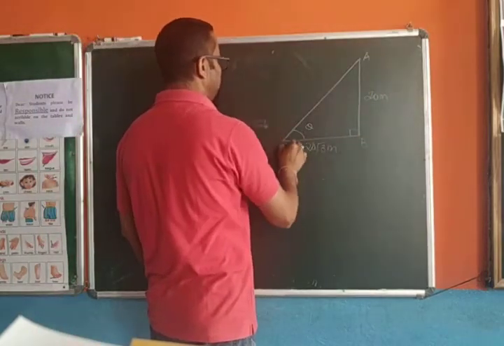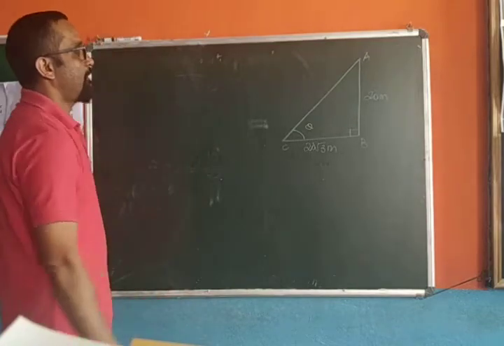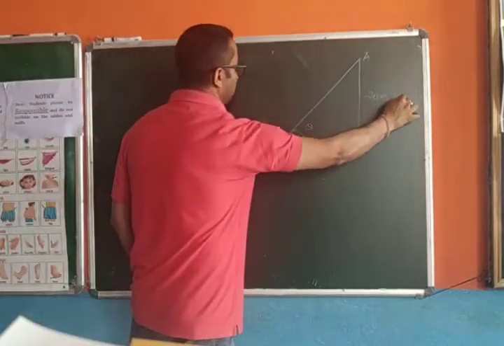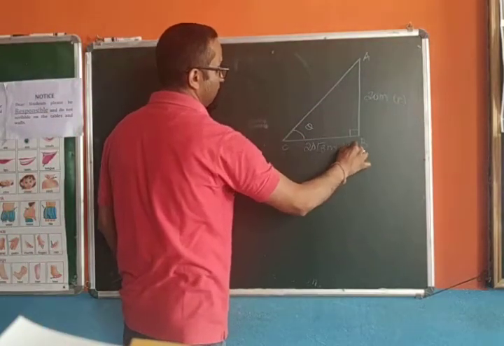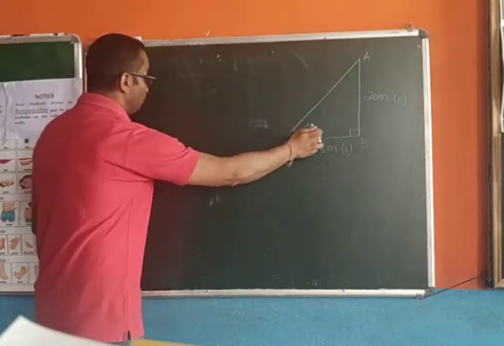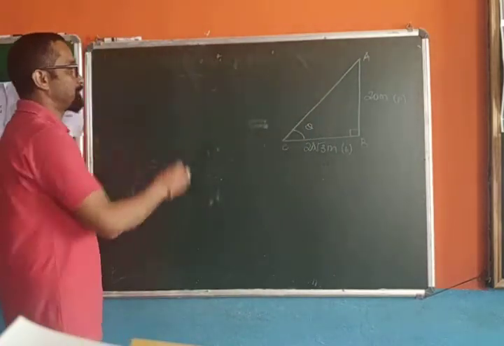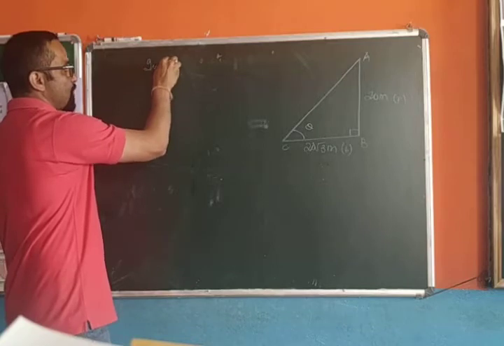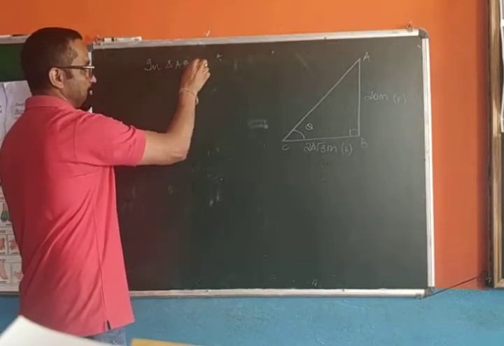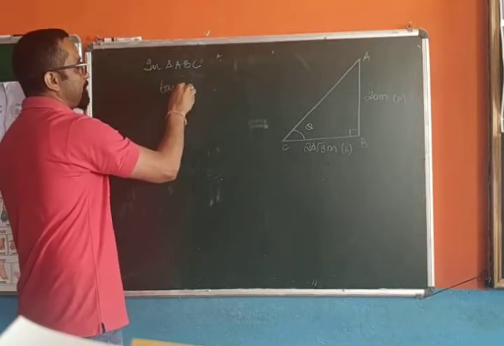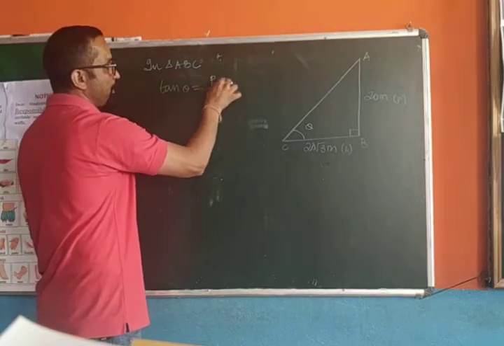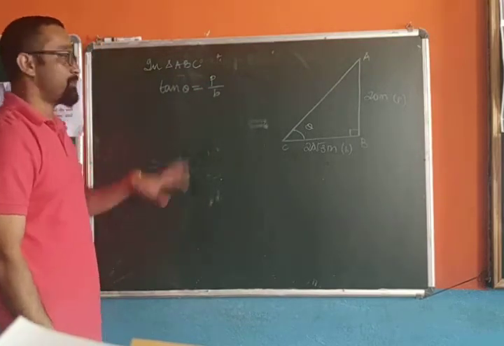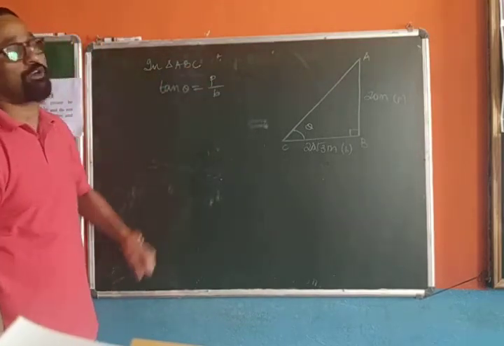Name it as ABC. We know the perpendicular, the base is known. The question says calculate the angle of elevation in triangle ABC. Tan theta is equal to perpendicular upon base, because tan has both perpendicular and base.